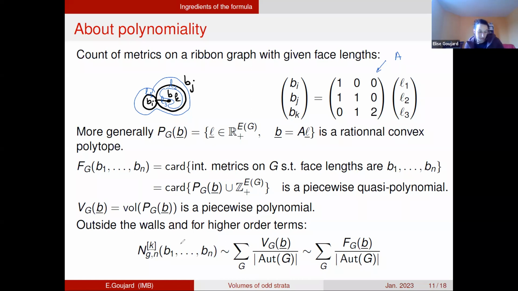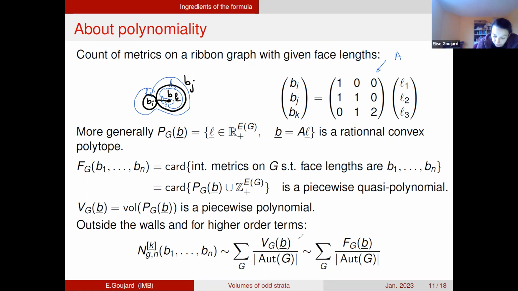The result is that when you are outside the walls, so in the chambers, and you look only at the higher order terms of all these polynomials, with these coefficients that are intersection numbers, it is equal to the sum over all ribbon graphs of the volume of this polytope, and also equal to the sum over all graphs of the number of integer points, the count of integer metrics.